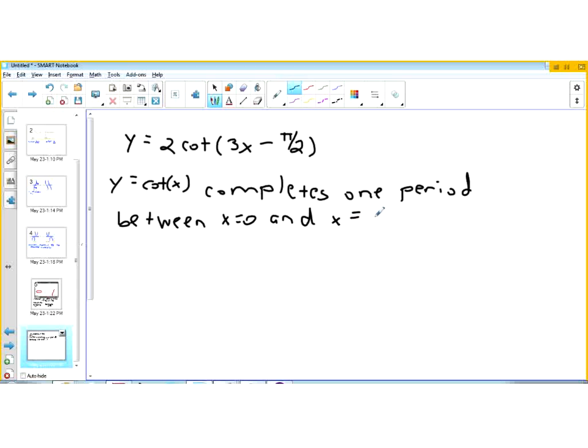So what would be the completion of one period for this modified cotangent function?